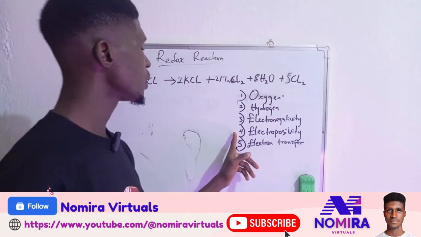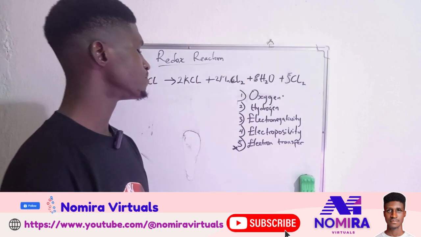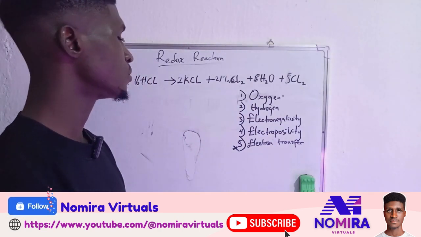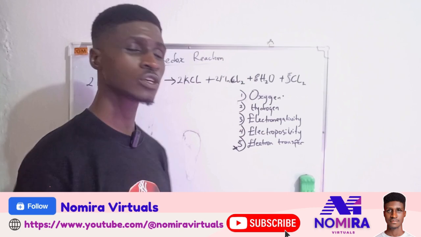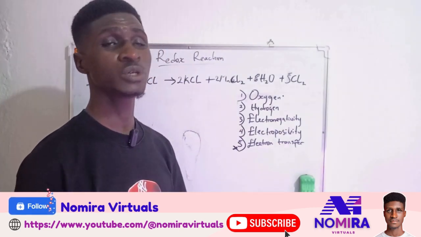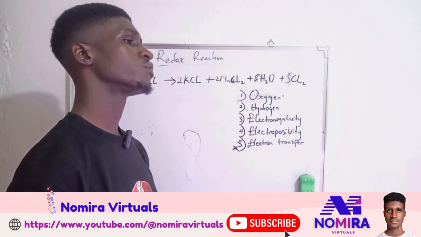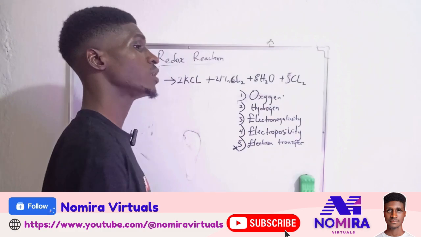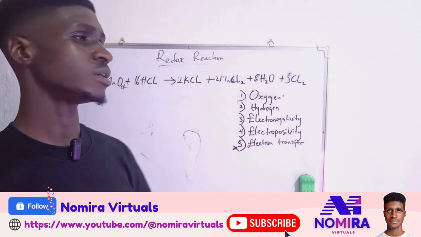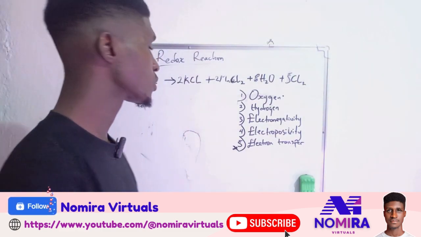Then we have the fourth criterion, which is electropositivity. This will mean the addition of electropositive elements. Addition of electropositive elements will mean reduction. When you remove electropositive elements, then you are talking about oxidation.